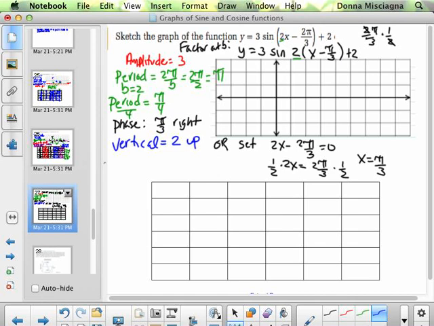All right, and so let's fill in our x and our y. So x doesn't change: 0, pi halves, pi, 3 pi halves, and 2 pi. It's the quad angles. And the values of sine that go with those angles are 0, 1, 0, negative 1, 0. Right?